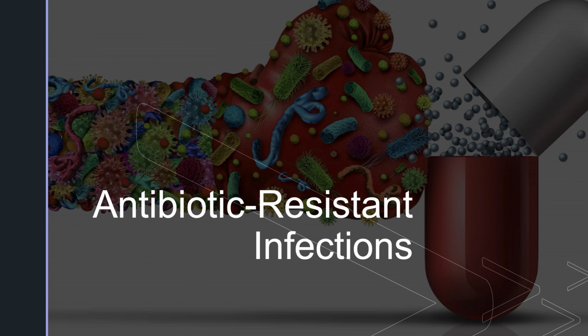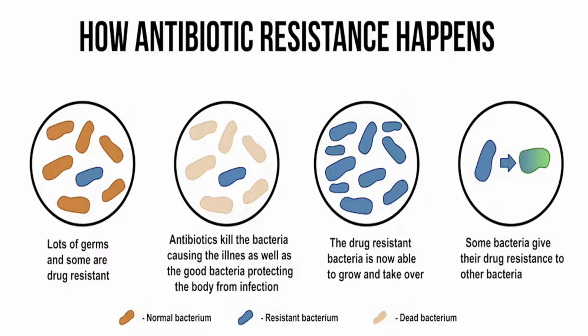Now, we can't talk infectious diseases without talking about antibiotic-resistant infections. So how does this happen? How are bacteria resistant to our antibiotics? Well, let's start simply. There are a bunch of germs in your body. You've got an infection, and maybe some are drug-resistant, right? We've got antibiotics, and they kill all the bacteria that are susceptible to the antibiotics.